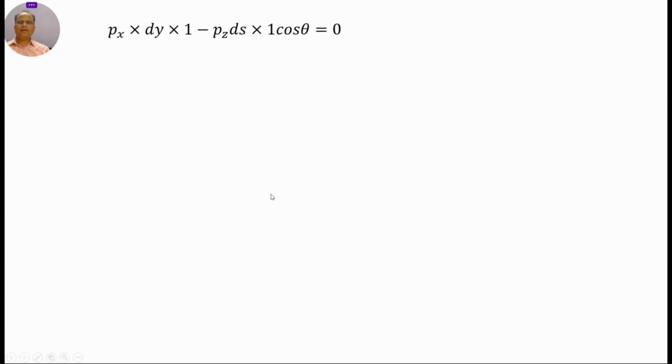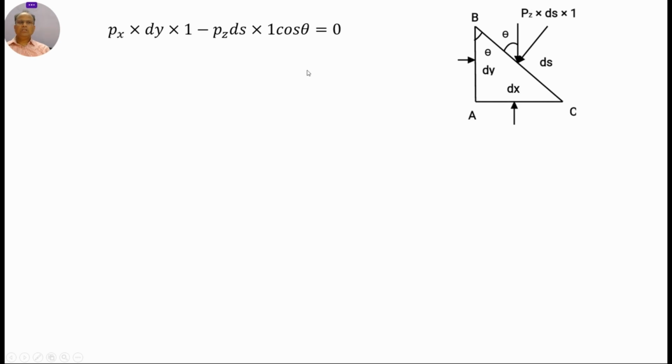Now we will find the value of this cos theta. Here this is theta, this is dy and this is dx. So ds cos theta is equal to AB, and this AB is equal to dy.